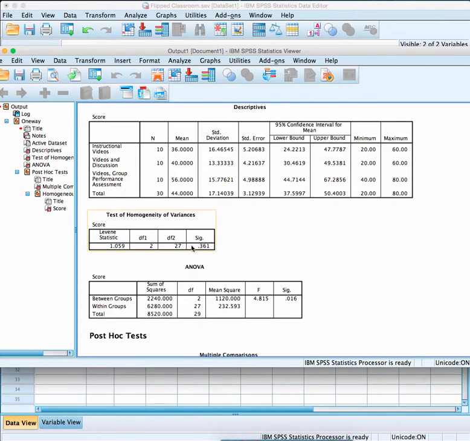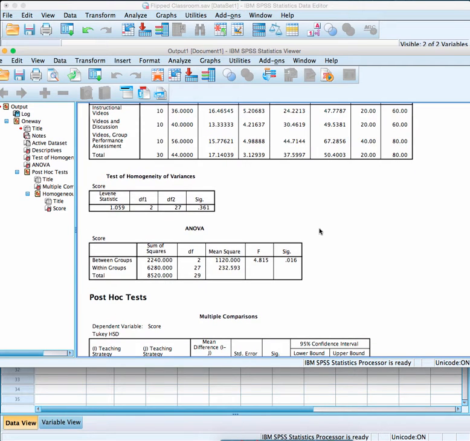We can see with our Levene's test it was not significant. So what this means is that our variances, our group variances, are similar. So if we look at these standard deviations, and really all we have to do is square them to get the variances, we can see that they're really not that far apart.